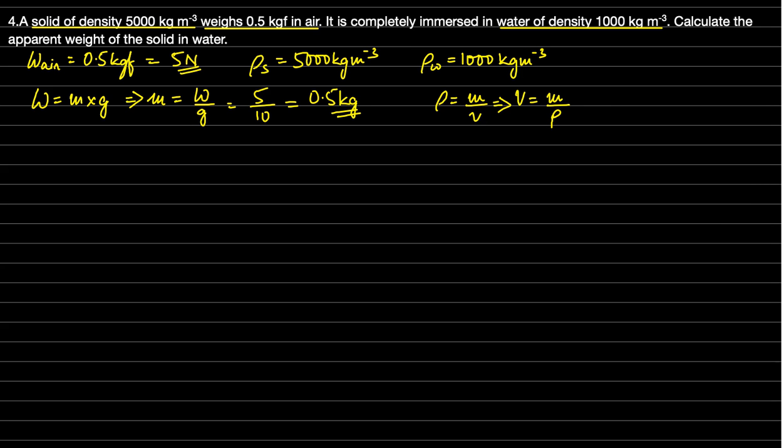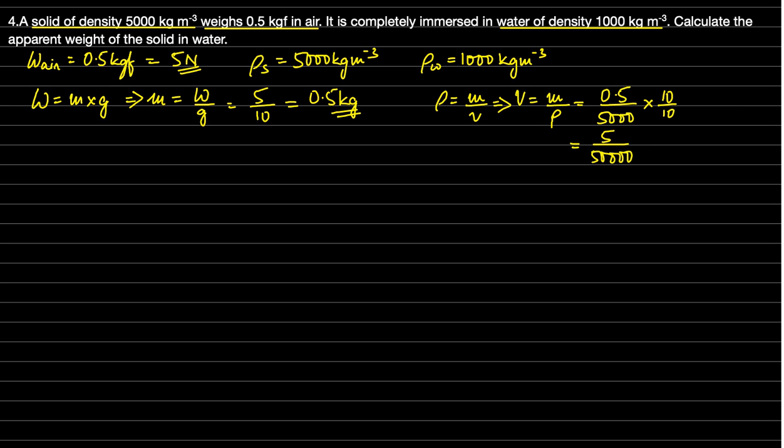Mass we got as 0.5, divided by density which is given as 5000. We multiply numerator and denominator by 10, so we get 5 divided by 50,000.